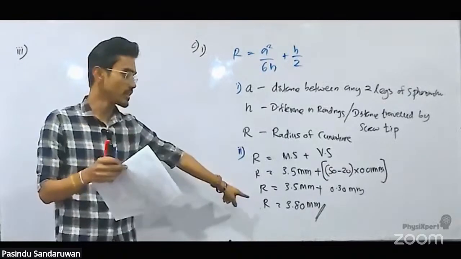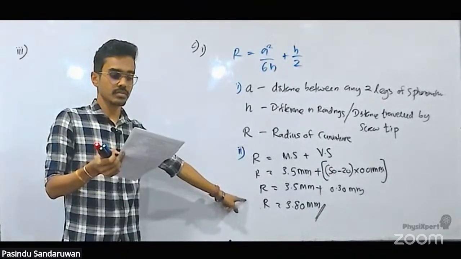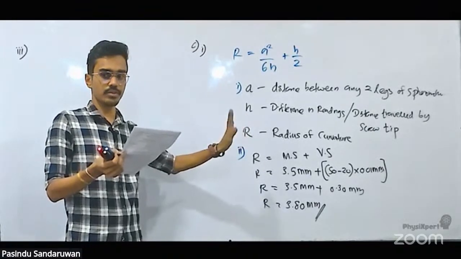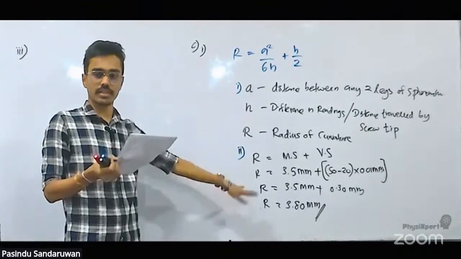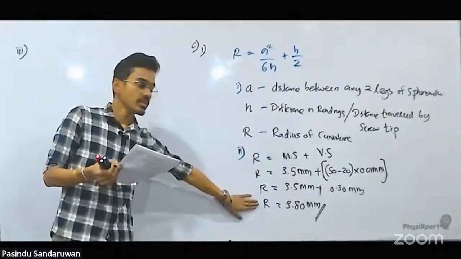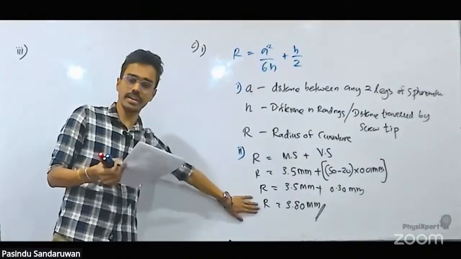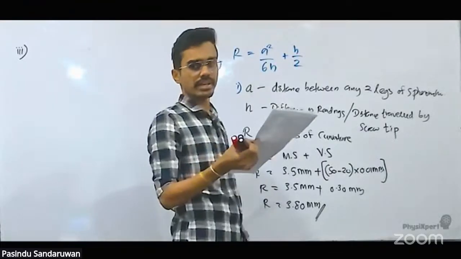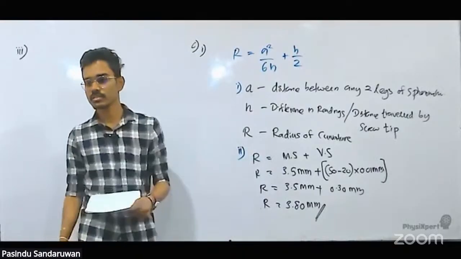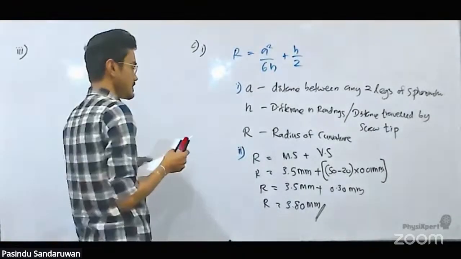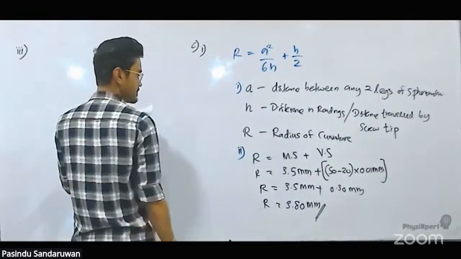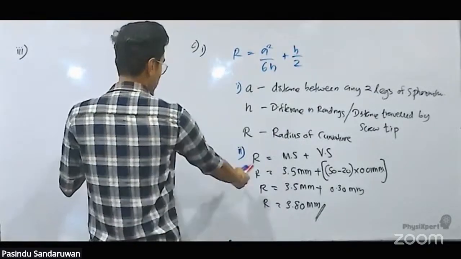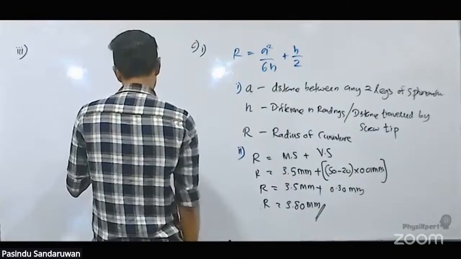So I found the shown one without any corrections. No, this is not the actual reading, this is a shown reading. I didn't do any corrections since the shown reading is asked. When shown reading is asked, give the shown reading. For the final calculation, you have to do the corrections.